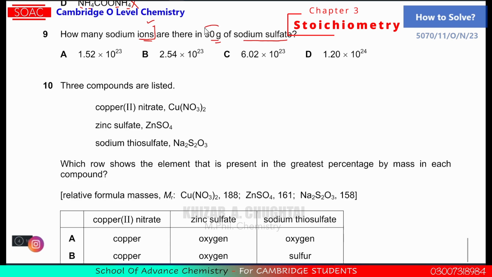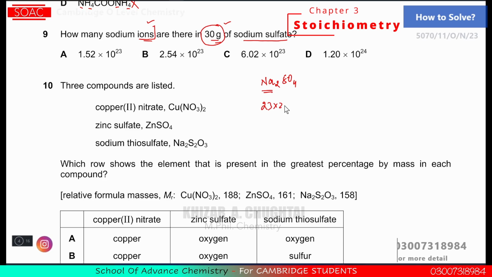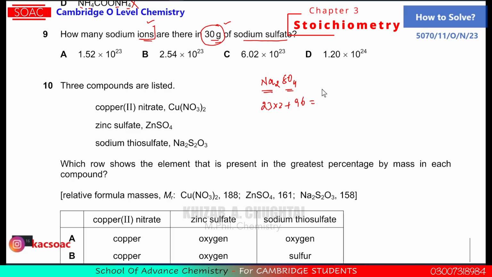So first of all, I'm going to find the moles of 30 gram of sodium sulfate. What is its Mr? First of all, I'm going to write its formula: sodium sulfate, Na2SO4. The mass of sodium is 23 into 2, plus the mass of sulfate, which is 96. So what is the total mass?